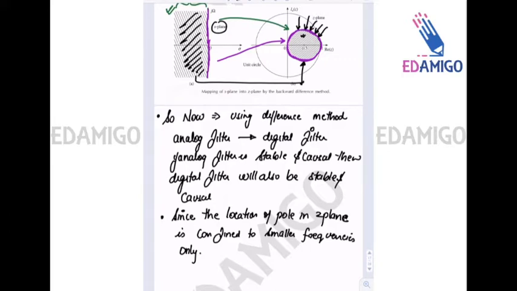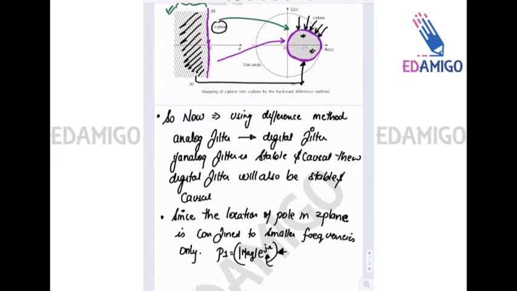And since the location of pole, for example P1, is written as magnitude e to the power j phase, we can say that the value of phase can be a smaller value only, because the pole has to lie inside the circle only.